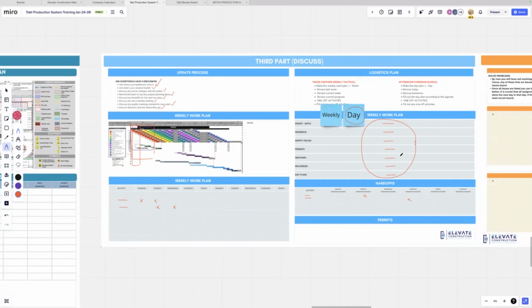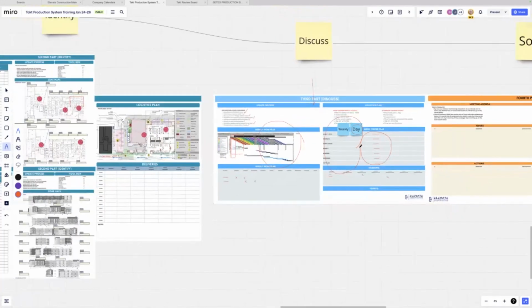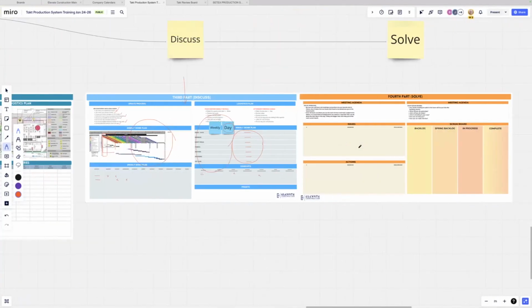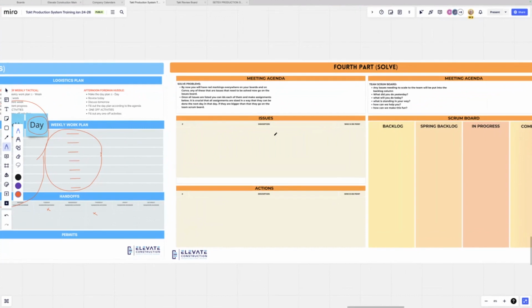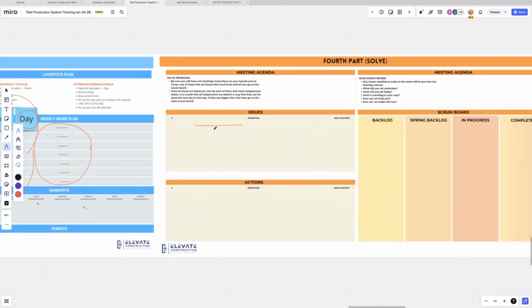Okay. So generally, this board is just for you to create your weekly work plan and your outline for either your weekly or daily cadence. But here's where it gets remarkable. Before you leave the meeting, you need to solve your issues. So if you have major issues, the key here is write them down, and this is profound, so I hope everybody's sitting down.